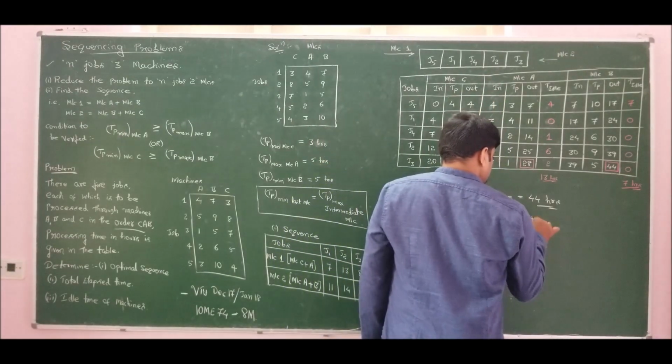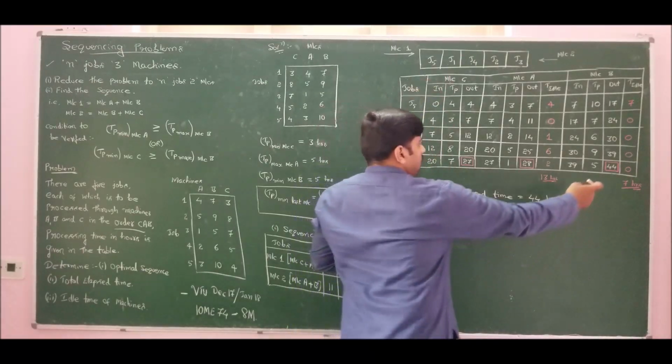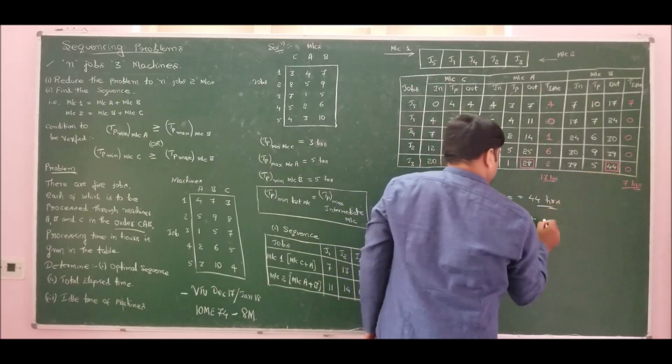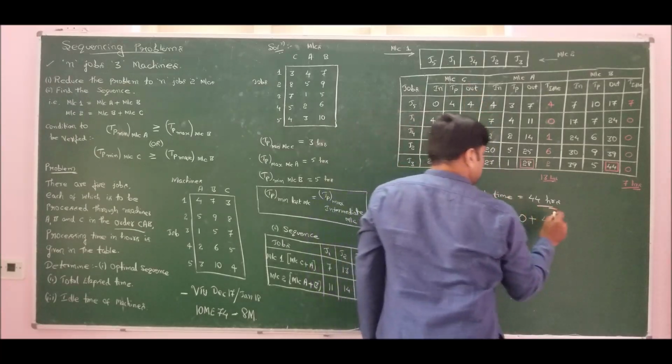Plus the final waiting time is total elapsed time minus the completion time of machine C. Total elapsed time is 44 minus completion time of machine C, 27.